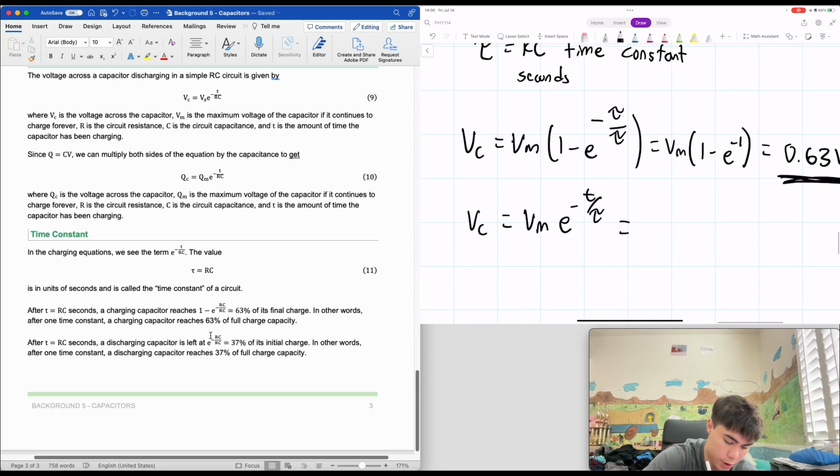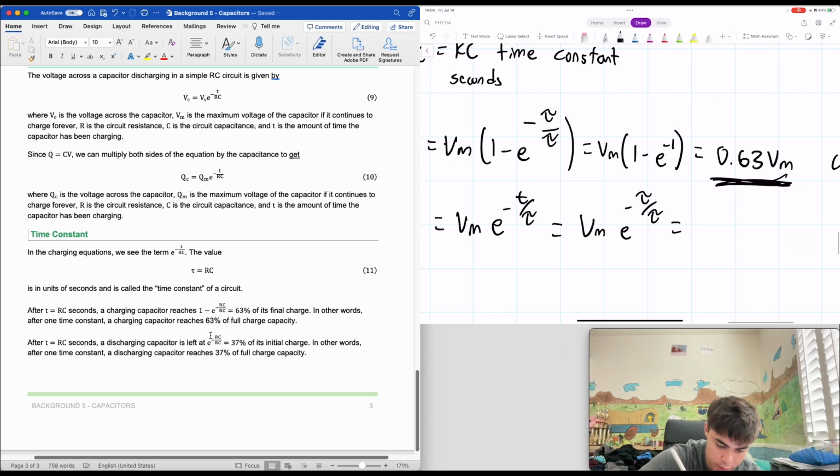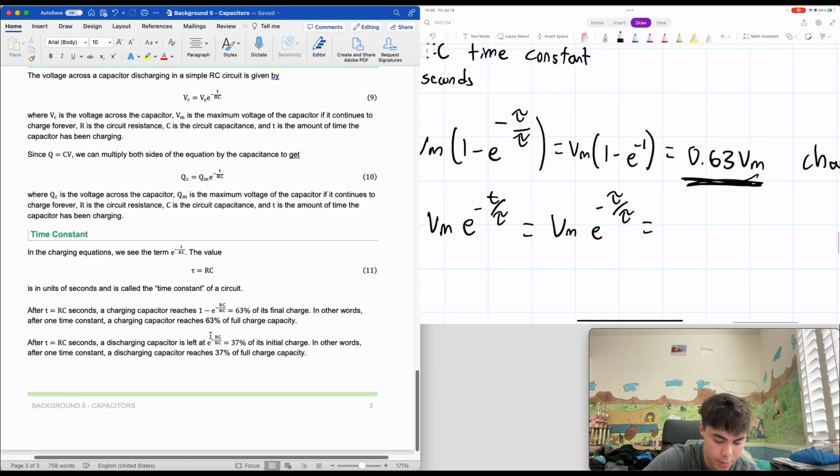So after one time constant, after RC seconds, we have Vm times e to the negative tau over tau, which is Vm times e to the negative 1, which is 0.37 Vm.